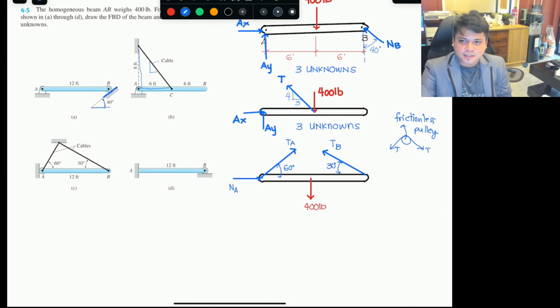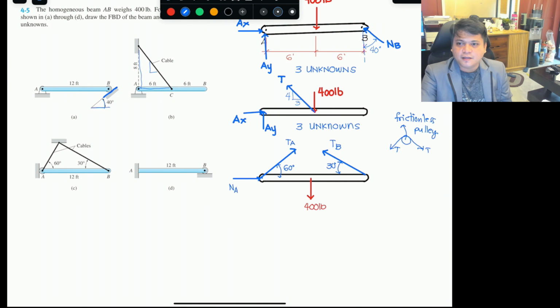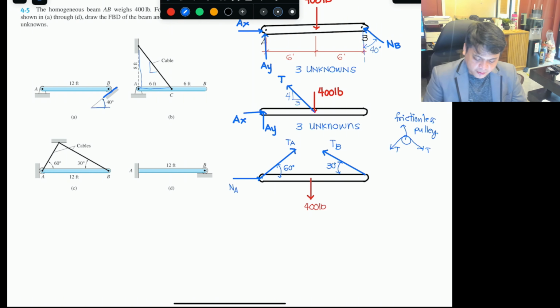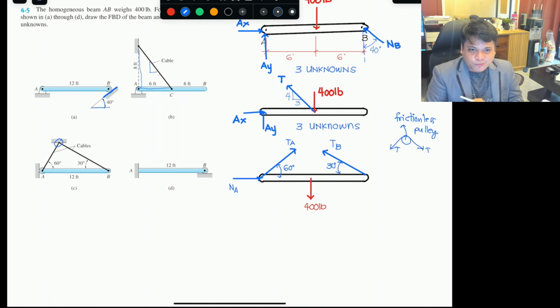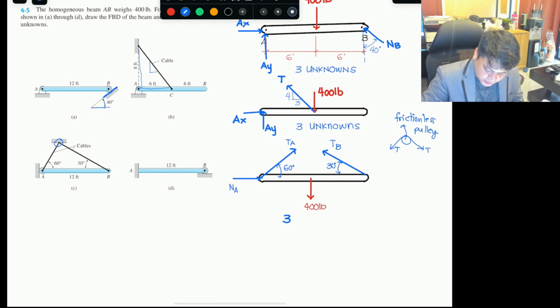Yan, again, that's not a frictionless pulley. Since the problem, yung point na to is hindi naman siya sinabing frictionless pulley, so it means parehas lang sila dong naka-support. No? So, it means that your TA is not necessarily equal to your TB. Therefore, you can have it also as 3 unknowns. Okay, so you can have it as 3 unknowns.